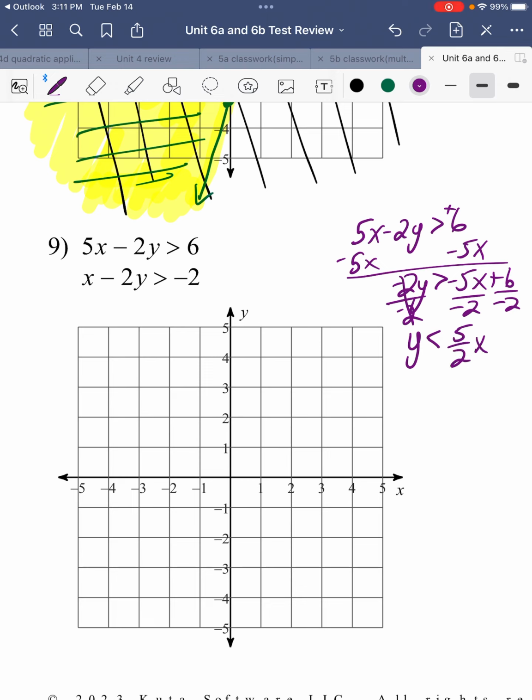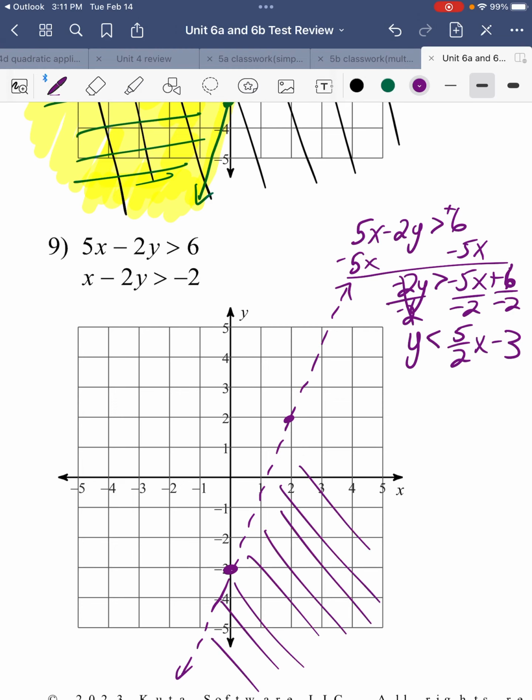Negative 5 divided by negative 2 is a negative divided by negative, which is a positive. And 6 divided by negative 2 is negative 3. Let's graph this. Negative 3, up 5, right 2. And then dashed is not equal to. And now it's a less than, so shade below.